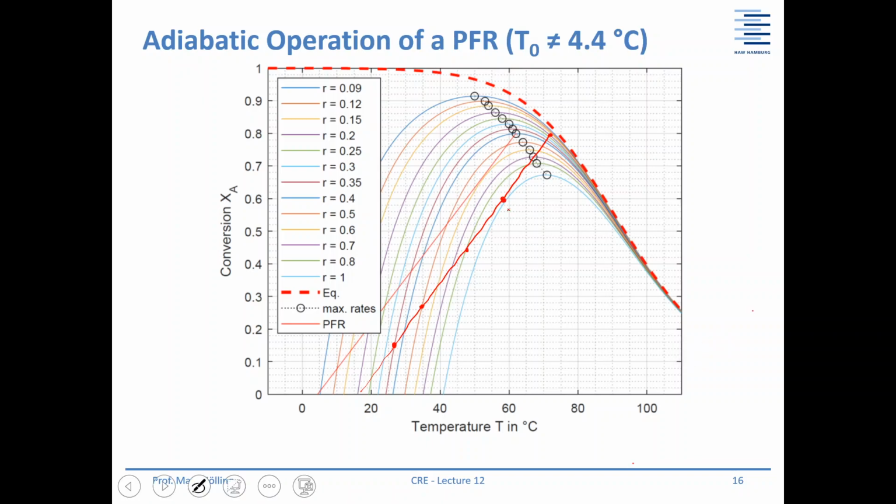So for example, your maximum reaction rate is close to 1 mole per liter minute, and then here you are going down. So with this, in this area you have higher reaction rates. And for your overall reactor size, this is quite positive.